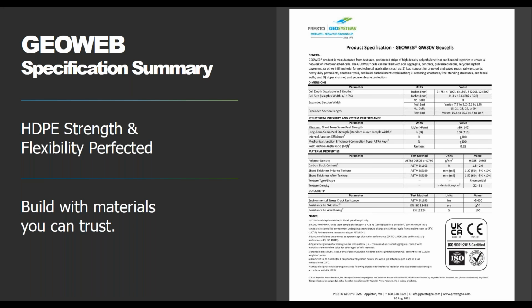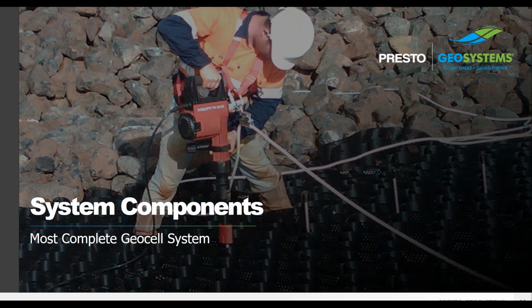And so for typical sites, the GeoWeb system will retain its durability for greater than 50 years, which is typically more than sufficient for most project lifetimes. We really stand behind our numbers and our product so that you can deliver certainty in your solution as you build with all of these materials that you can trust.